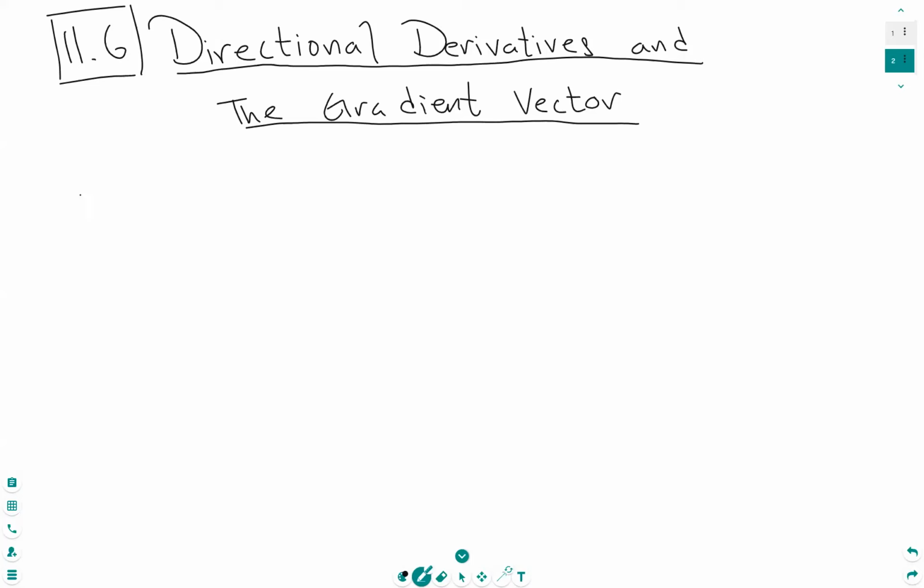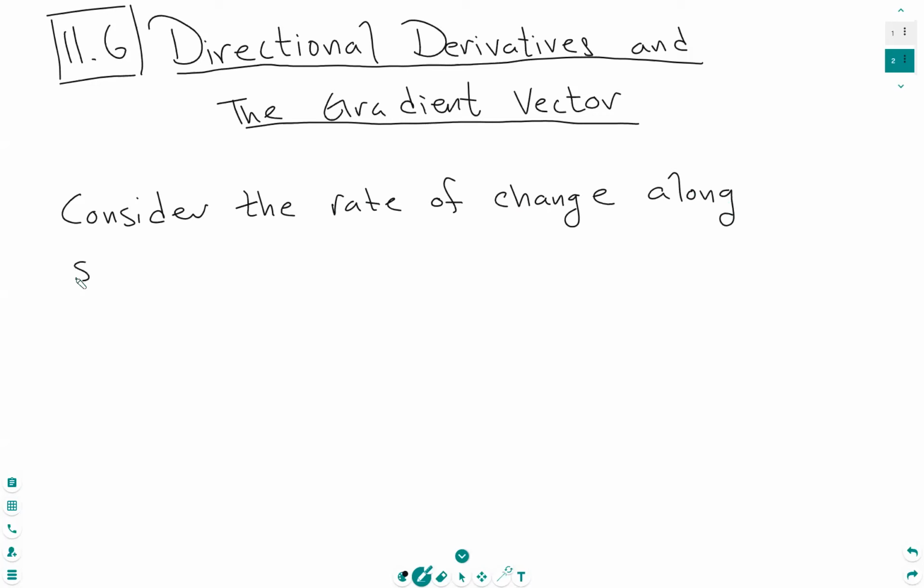So if I wanted to have some arbitrary direction, we're going to try to consider the rate of change along some arbitrary direction that we'll call u.